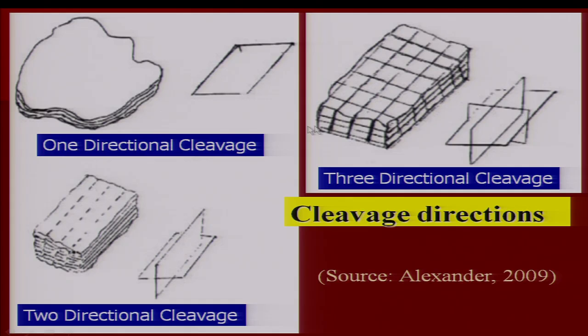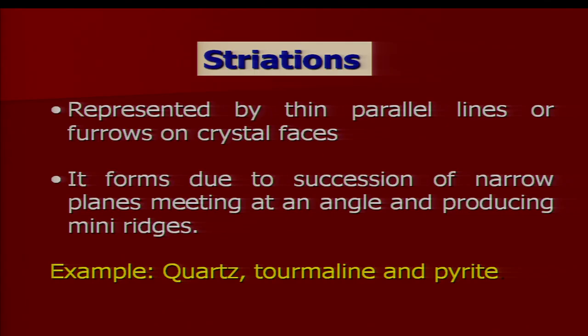length of the specimen. Now, another important property which is also commonly seen in minerals is striations. What are these striations? Striations are structures basically represented by thin parallel lines or furrows on crystal faces.